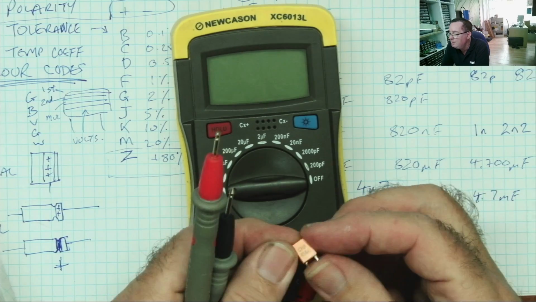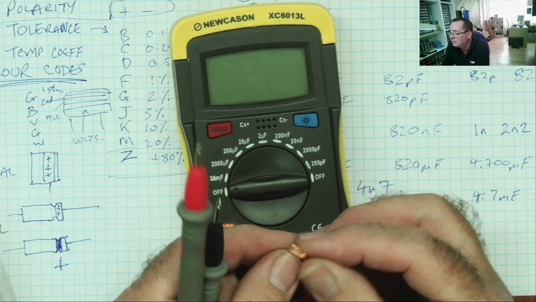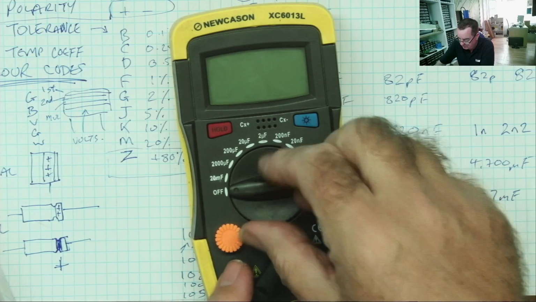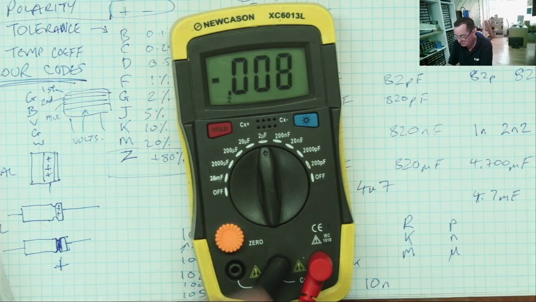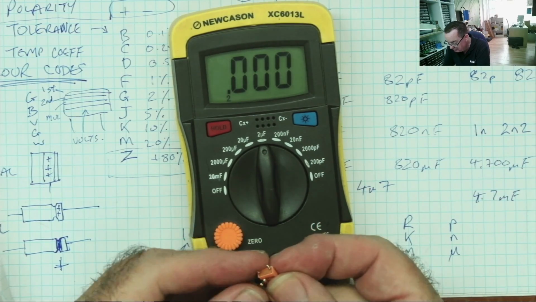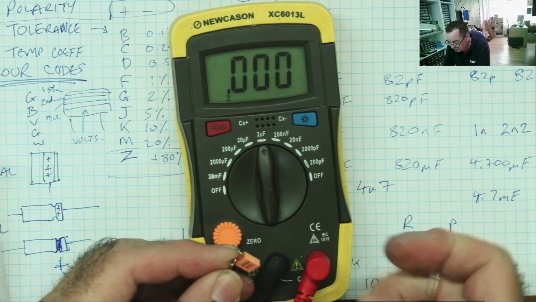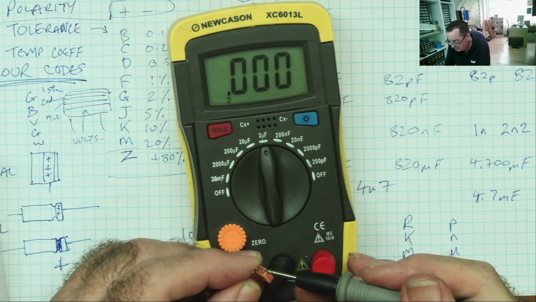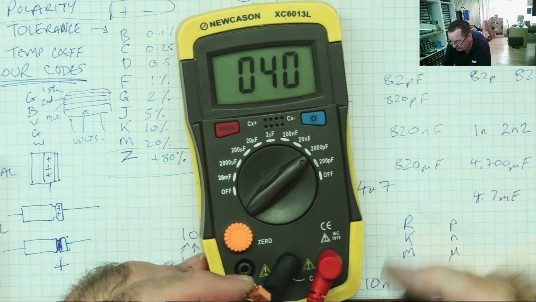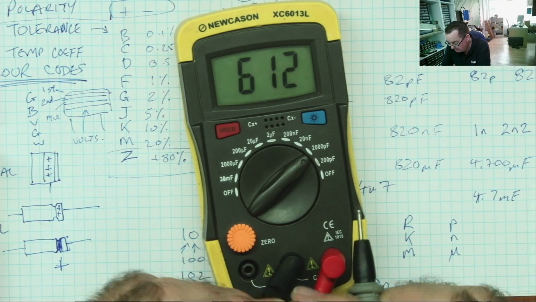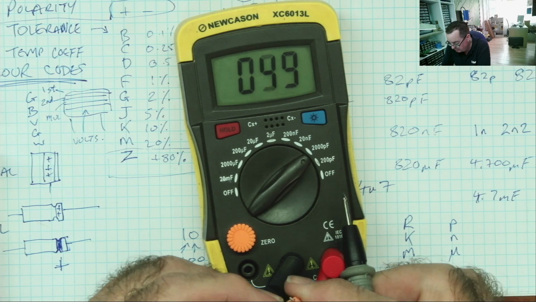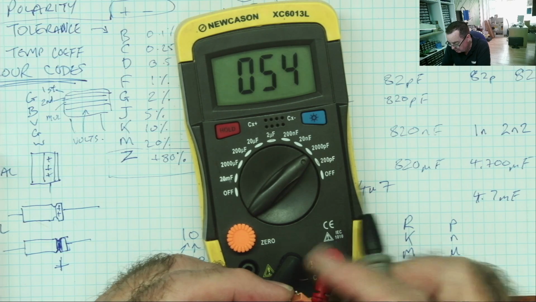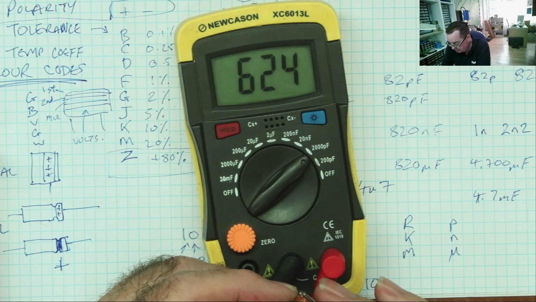So what is our mystery component? Just choose a range at random. Let's have a look. Well, if it's a capacitor, it's a low value one. Well, it reads like a capacitor.